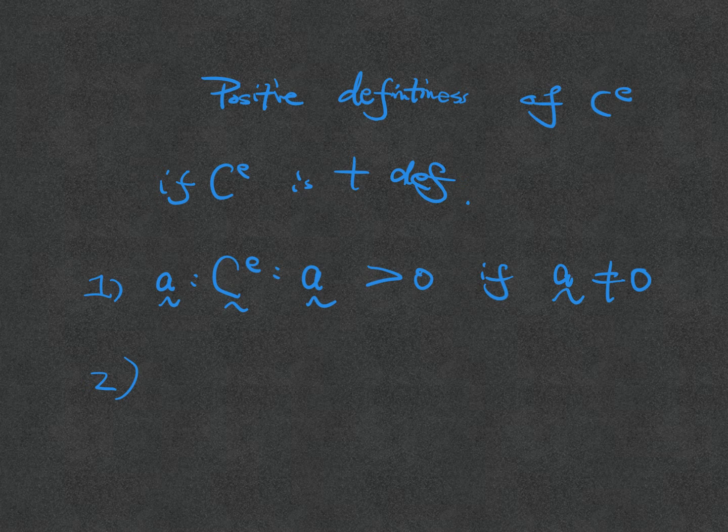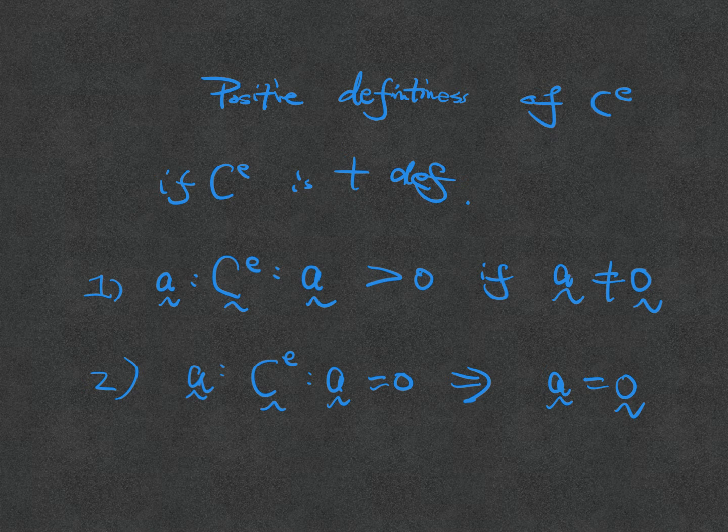And there's also another thing: if you get this equal to 0, this has to imply that A is guaranteed to be just 0. Why do I want this property?